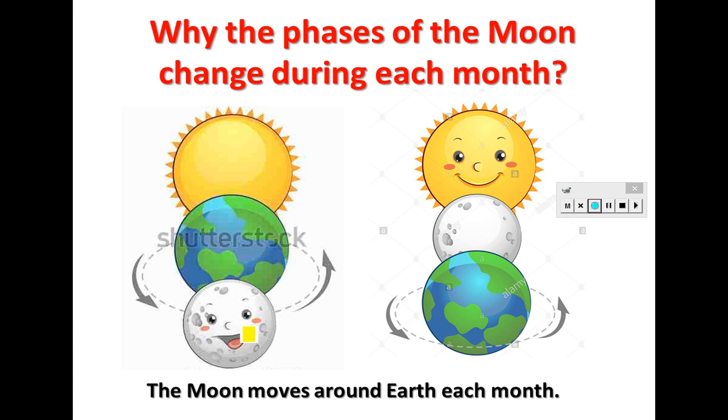Look, the moon is here, it's moving around Earth. Now it's over there, and then it will come here, and so on. So the moon moves around Earth each month. That's why you see different parts of the moon shining. That's why you can see the different phases of the moon throughout the month.